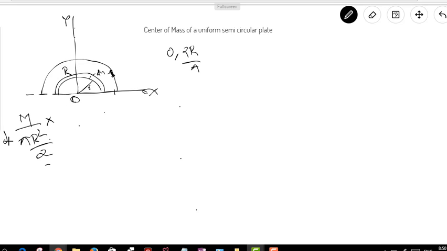So dm is equal to this mass per unit area into the area of this differential element.